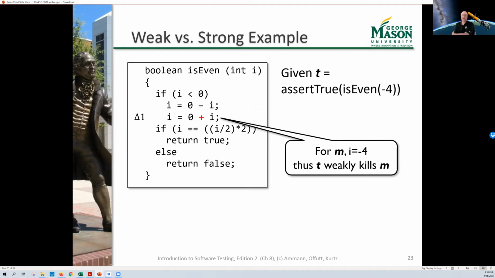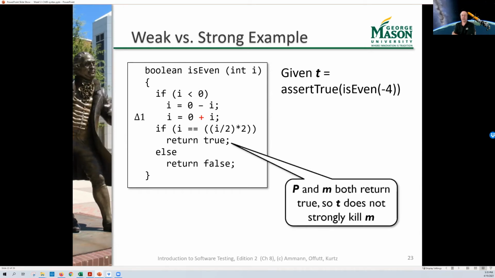So consequently, this test succeeds in weakly killing the mutant. But what happens then? Well, whether i is 4 or -4, we do the division, we multiply it by 2, and i is equal to i / 2 * 2 in both cases. So we return true in both cases. So we are unable to strongly kill this mutant.